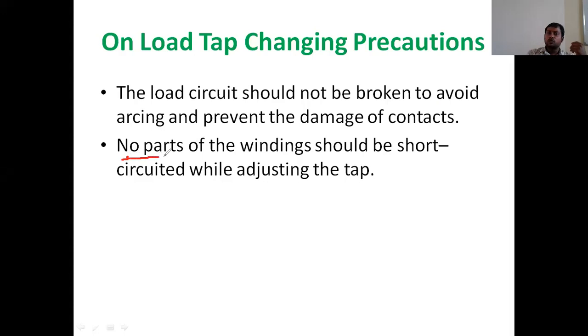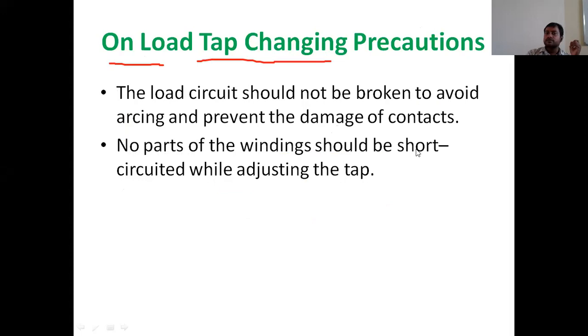The next point is that no part of the winding should be short circuited while adjusting the tap. Whether it is the LV winding or the HV winding, no part of the winding should get short circuited. These are the precautions we need to take while designing on-load tap changing.